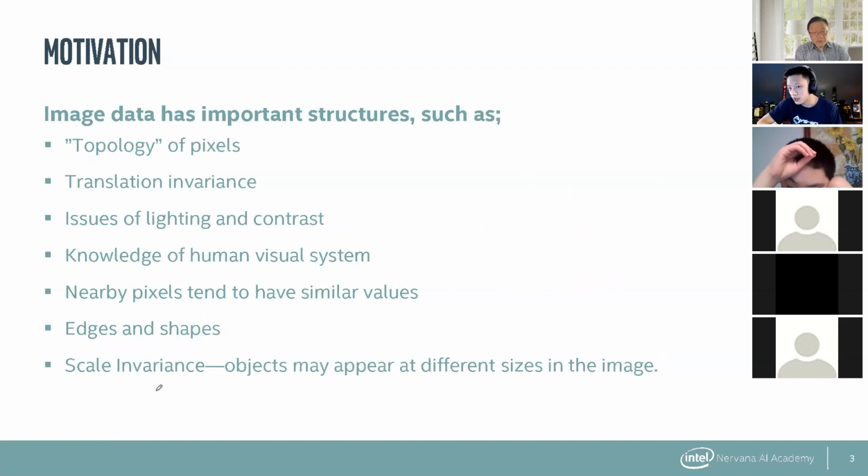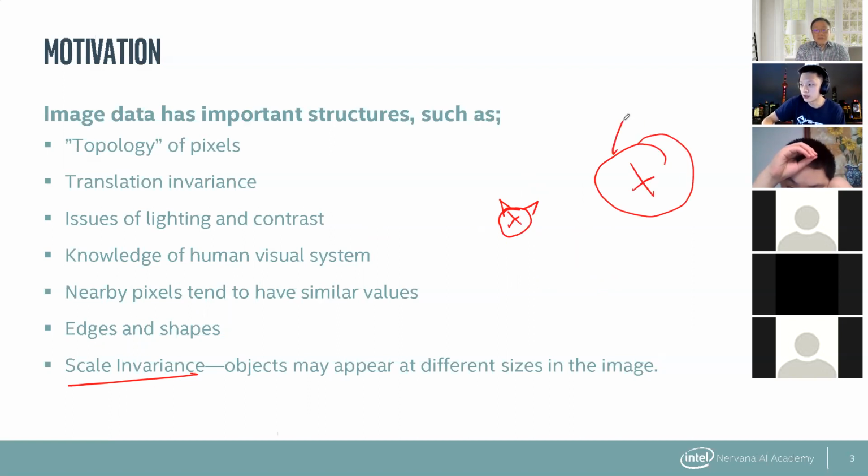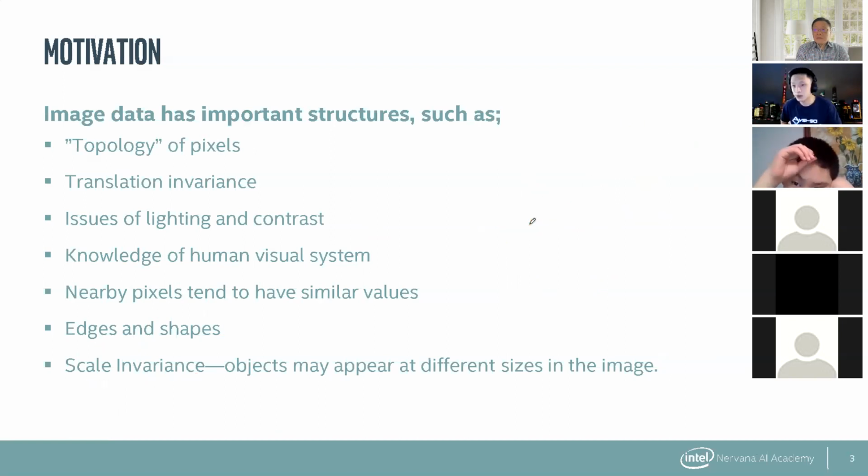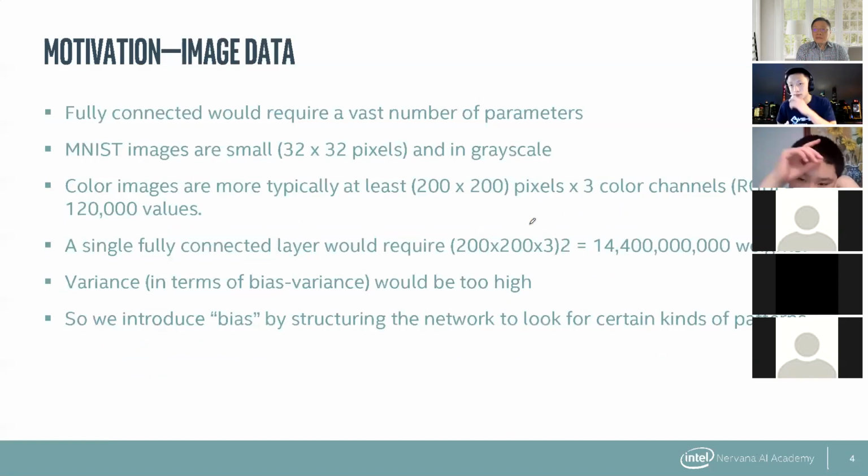And then also something that I didn't really talk about was scale invariance. If you have a cat that looks like this, what if it looks like this? You just move your camera a little bit closer. If it's the same cat, then you should get a similar representation. So these are all problems that we need to address because images are very structured in specific ways, and we want to take advantage of that.